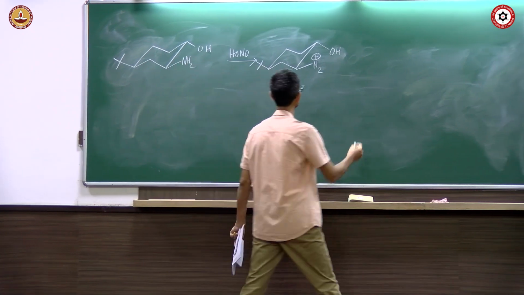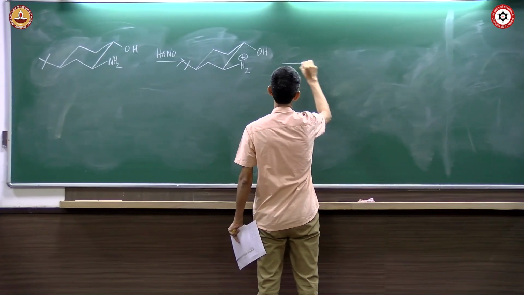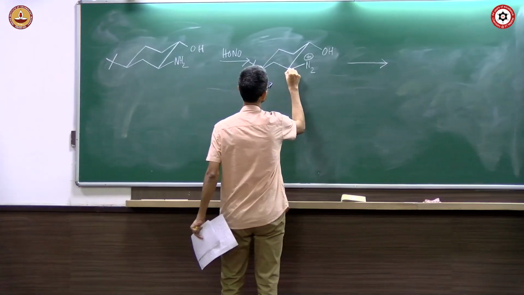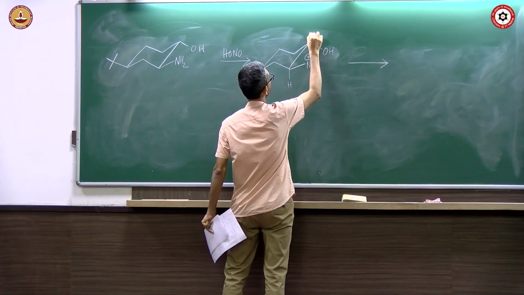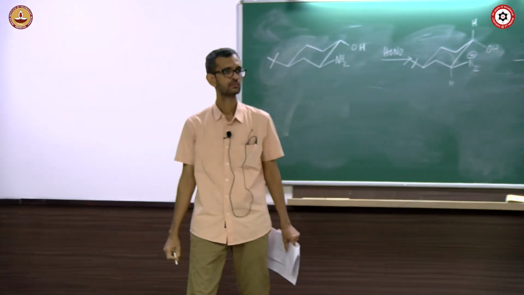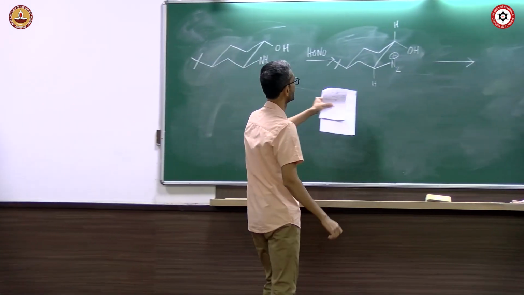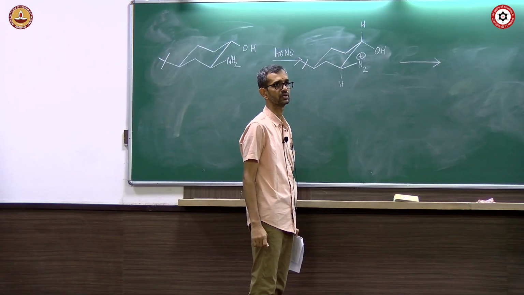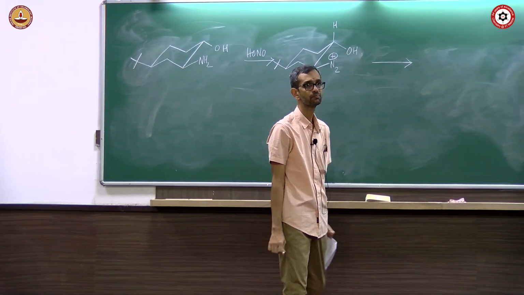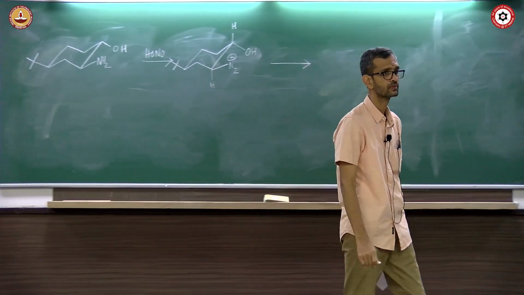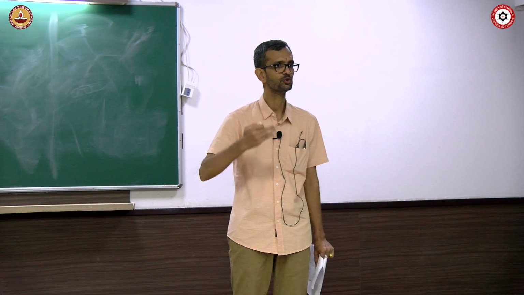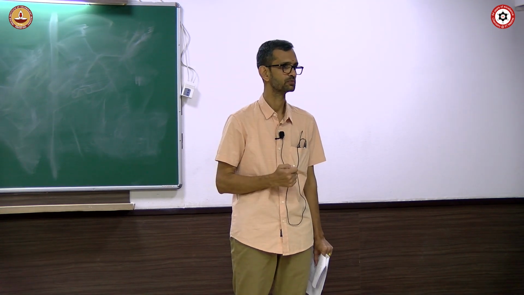Right? Where is the leaving group here? Diazonium. Right? So you have formed the diazonium by the treatment with nitrous acid. So now you need to identify the anti-periplanar unit to the leaving group.